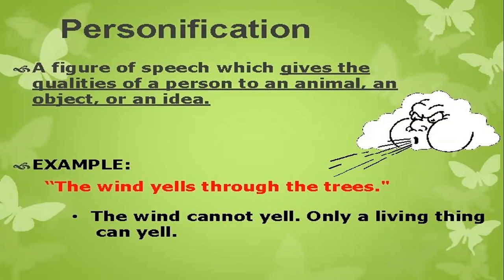Personification is a figure of speech in which qualities of a human or an animal are given to an object or an idea. So, for example, the wind yells through the trees. Technically, literally, if you think, a wind cannot yell. Only a living thing can yell. But we are giving this quality to the wind.